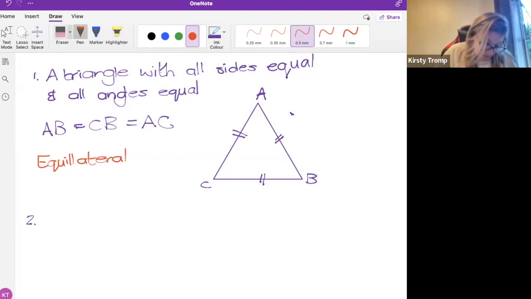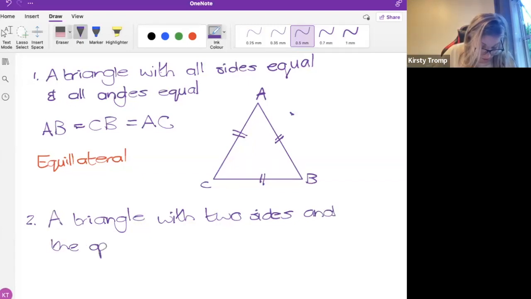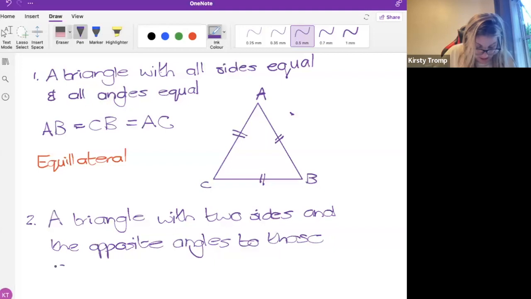All right. So, number 2. I want to know a triangle with 2 sides and the opposite angles to those sides equal.